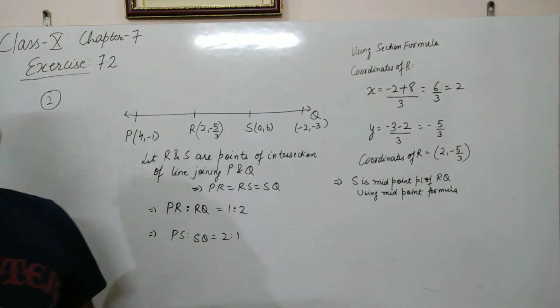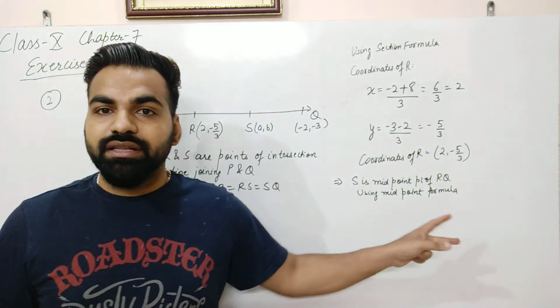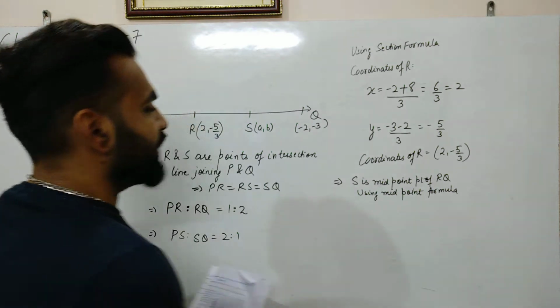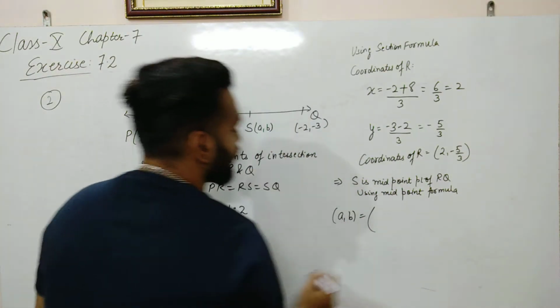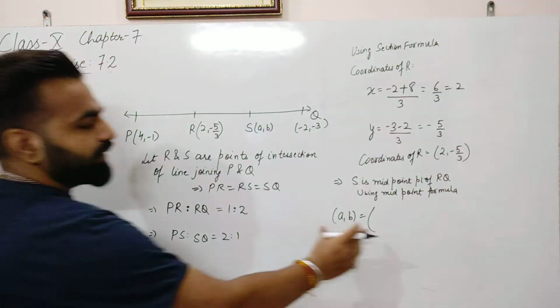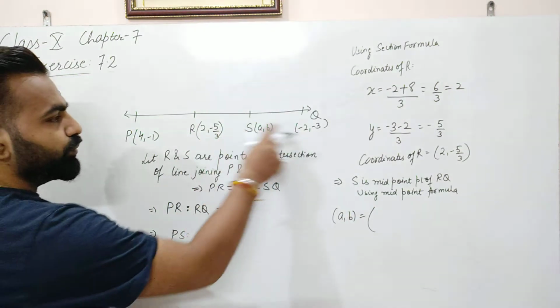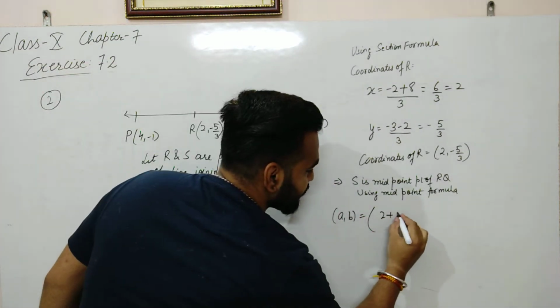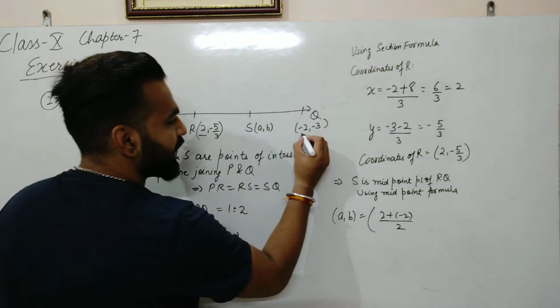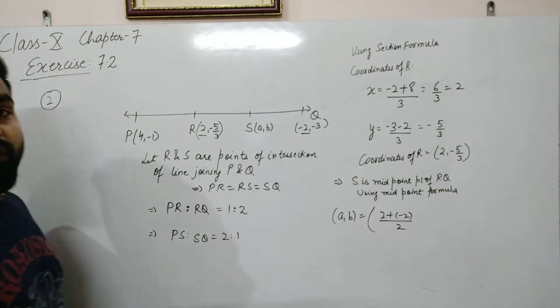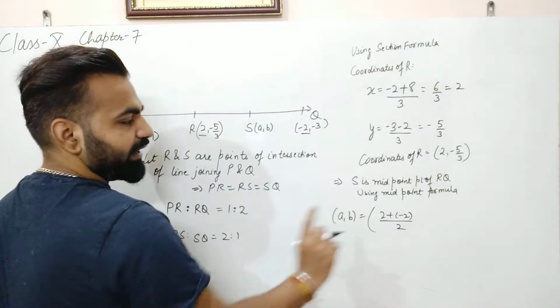Add x coordinates and divide by 2. Similarly, add y coordinates and divide by 2. So a comma b will be equal to, I am doing it in one step, 2 plus minus 2 by 2. That is x1 plus x2 by 2. Add the x coordinates and divide by 2.